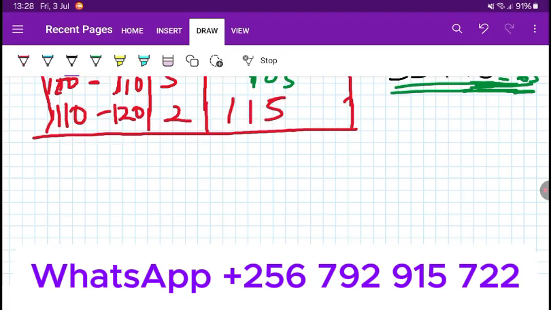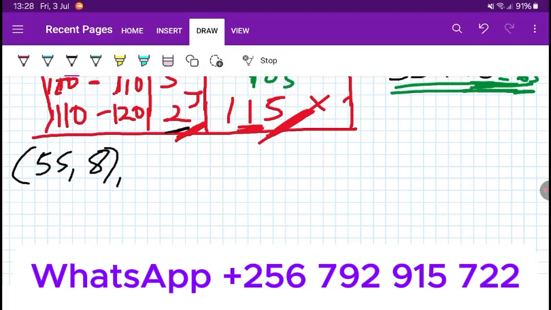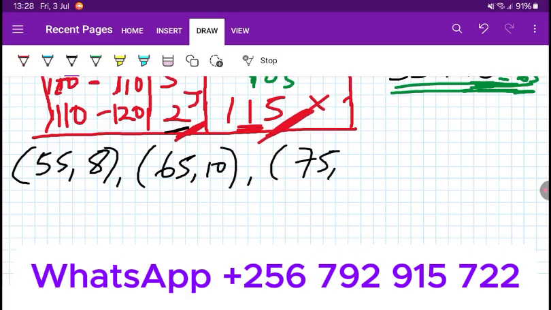Of course, now that we know the points that we are going to plot, we take the class mark, and because this will be on the x-axis, this is on the y-axis. So we take this first, then we record this. So the coordinates that we are going to plot are going to be 55 and 8, comma 65 and 10, comma 75 and 16.